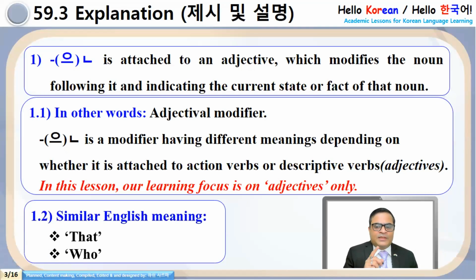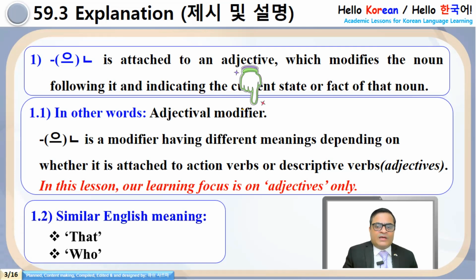Now coming to the explanation of this grammar. See first point, un is attached to an adjective which modifies the noun following it and indicates the current state or fact of that noun. See 1.1, in other words, it can be called an adjectival modifier. Yorobun, please see here carefully.